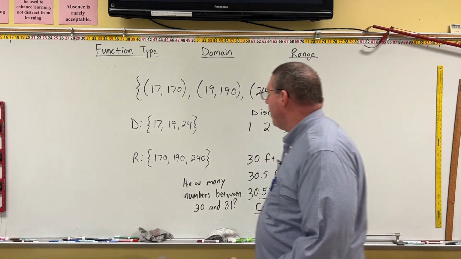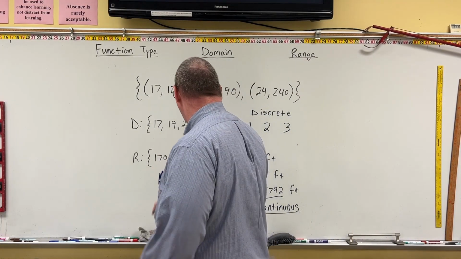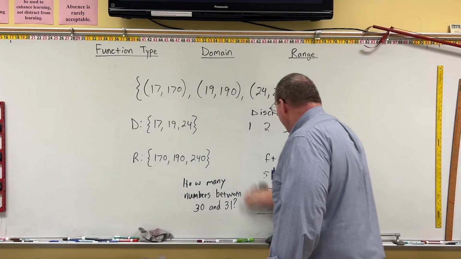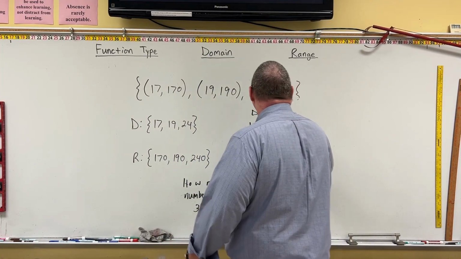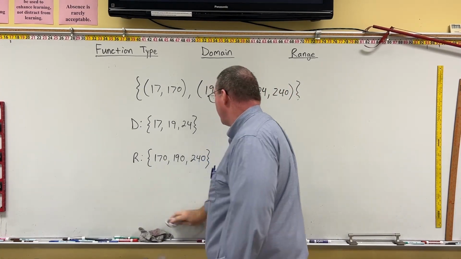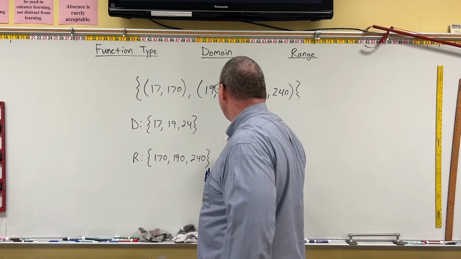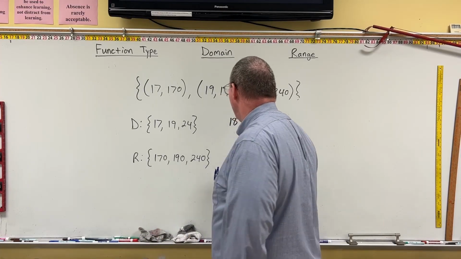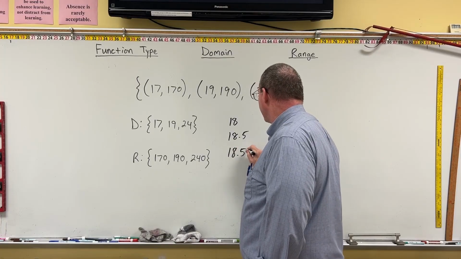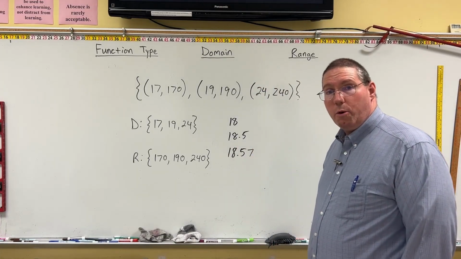And so let's think about this person working 17 hours or 19 hours or 24 hours. Isn't it possible that instead of working 17 hours or 19 hours, maybe they worked 18 hours or 18.5 hours or 18.57 hours in a week.